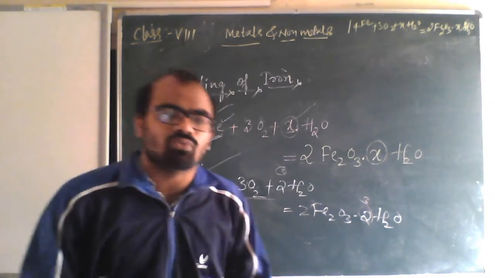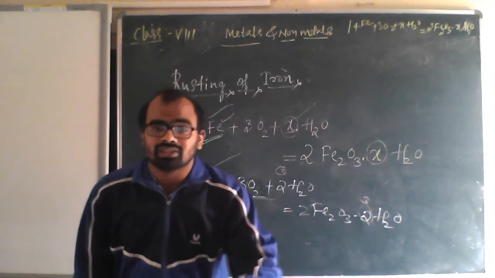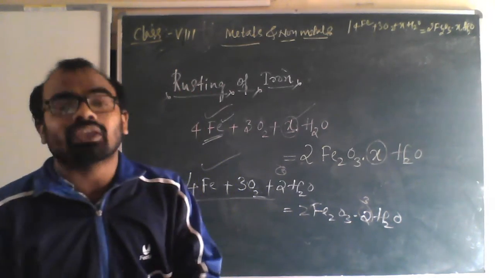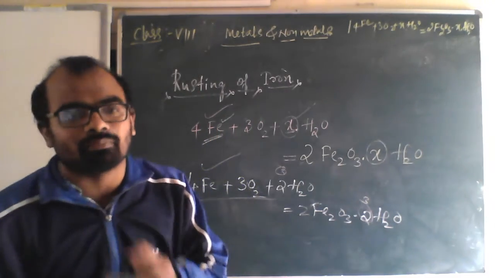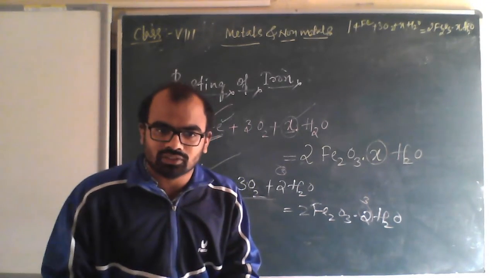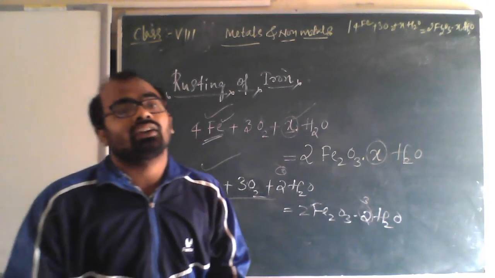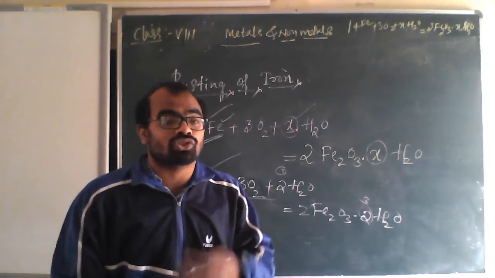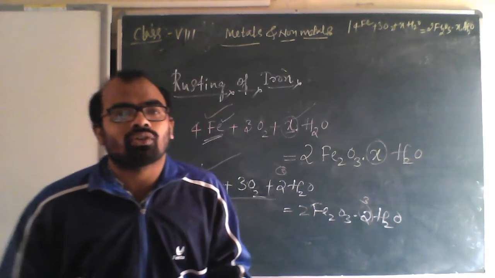So in this class what have we seen? Chemical properties of metals and non-metals. In that we have seen chemical properties of metals. How sodium, potassium, calcium react, first with what? Oxygen. Thus the metal oxide formed is basic in nature. This question might be asked: what is the property of metallic oxides?